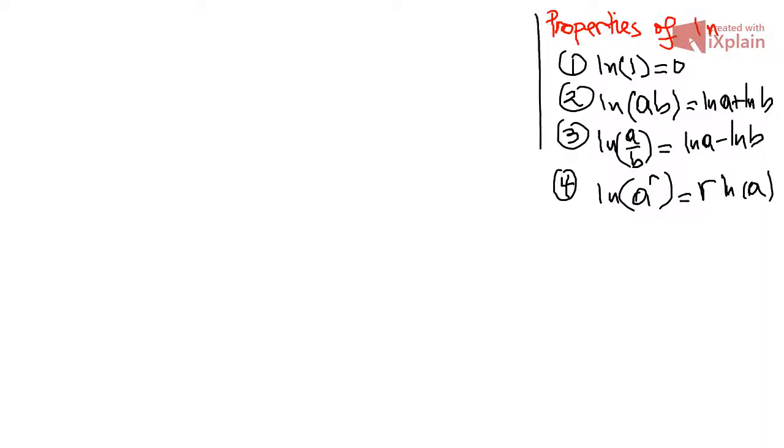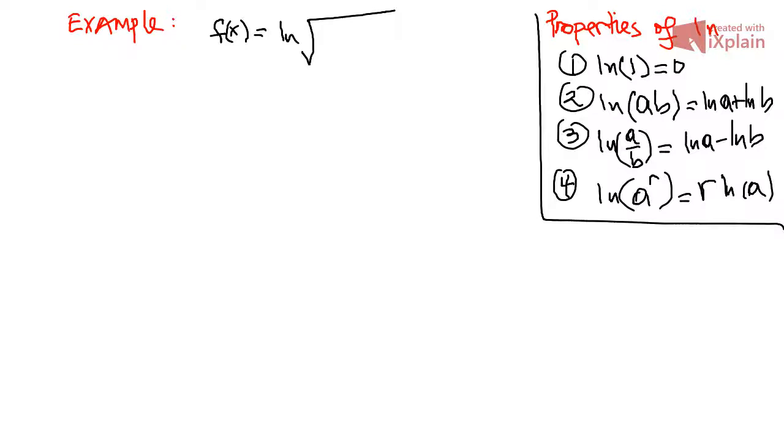Okay, so this is just some side work, some properties we're gonna need. Let's go ahead and give an example so we can apply those properties. Let's say you're given a function f of x that is equal to, let's say, natural log of the square root of x minus 2 divided by, let's say, x plus 7.